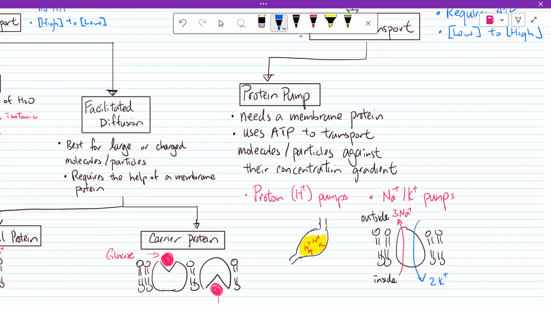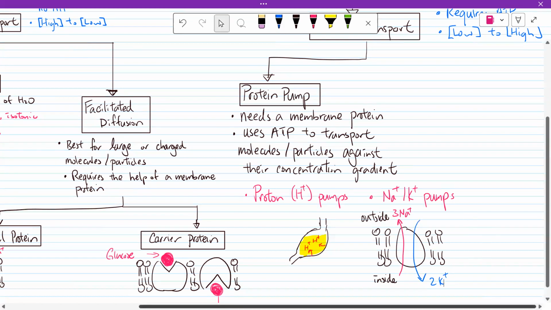So you keep on doing this, there's going to be high sodium outside and high potassium inside. But you keep on putting more there, which is why it is an example of a protein pump. You are pumping them against their concentration gradient from low to high.